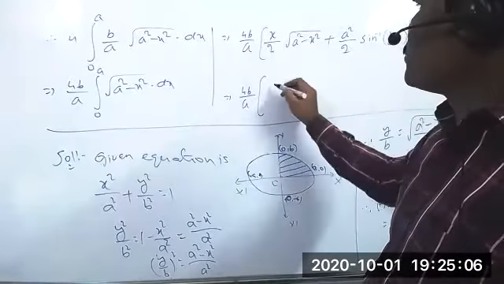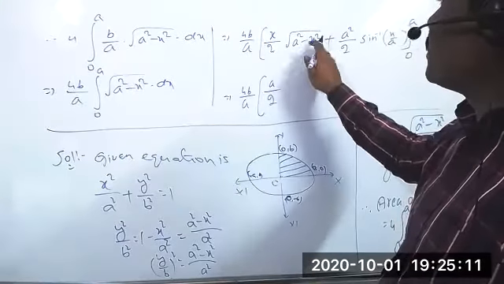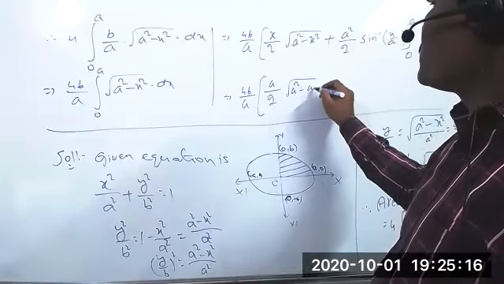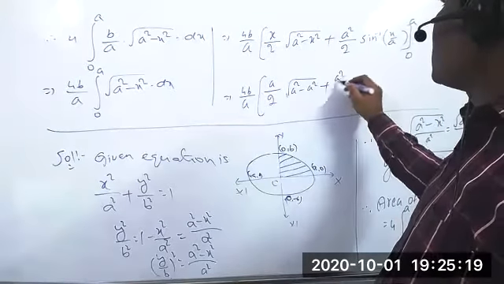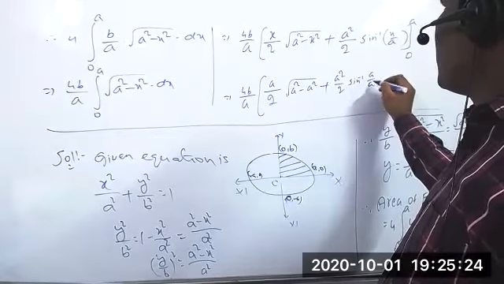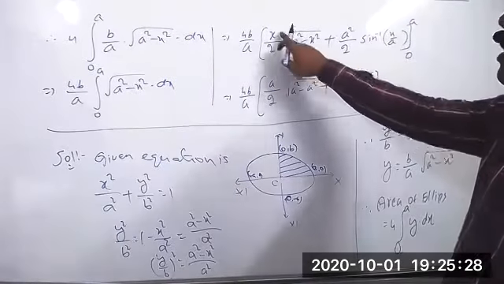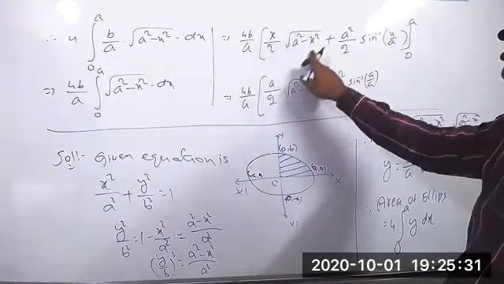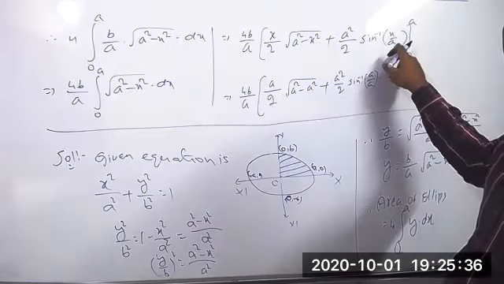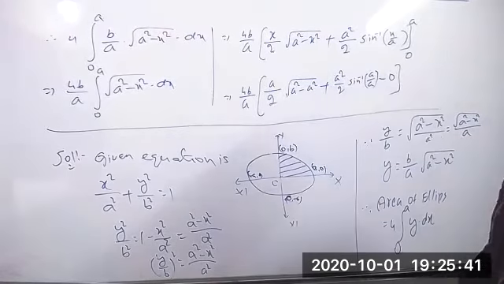First, substitute a in place of x: a by 2 into root of a square minus a square becomes 0, because a square minus a square equals 0, and 0 times anything is 0. Also, 0 by a equals 0, and sin inverse of 0 is 0 degrees, so the lower limit also gives 0.